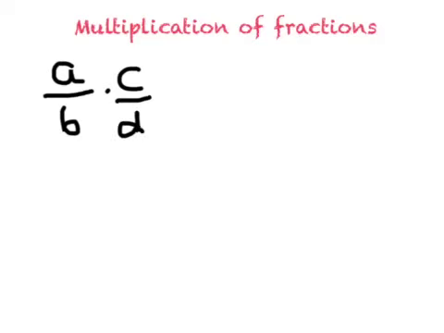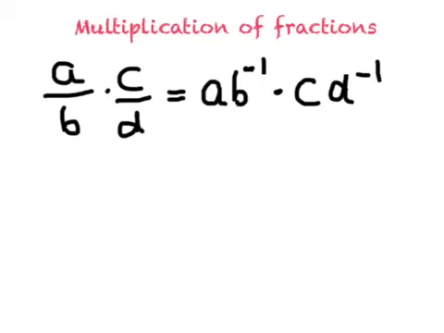So to multiply any two fractions, let's look at A divided by B times C divided by D. Well, let's rewrite this as A times B inverse, that's our first fraction, multiplied times our second fraction, which is C times D inverse.